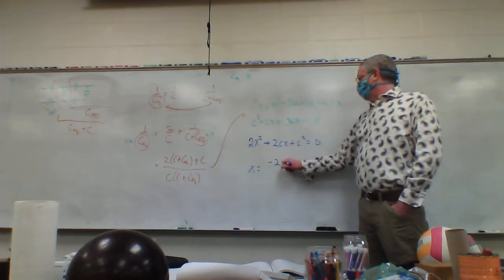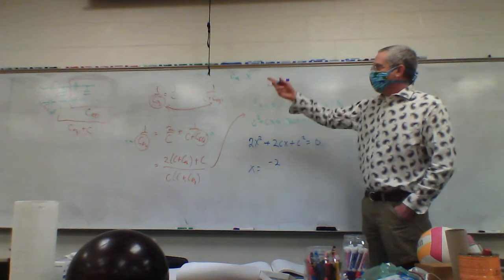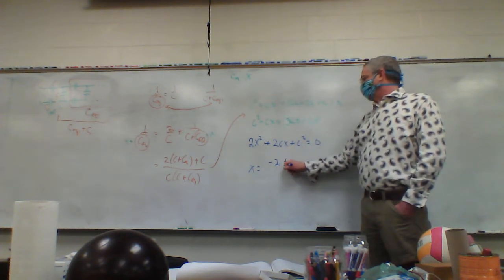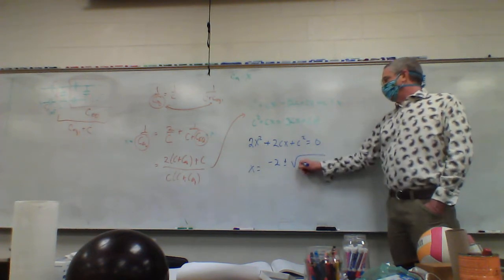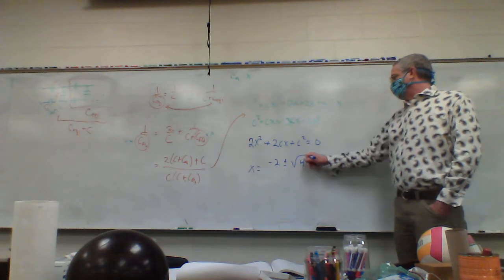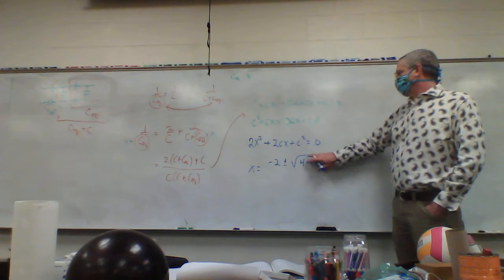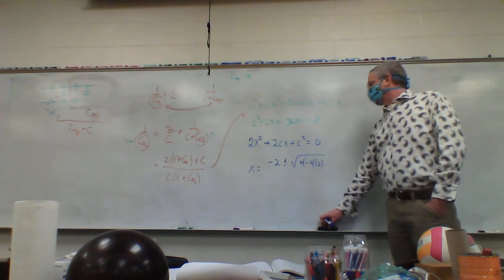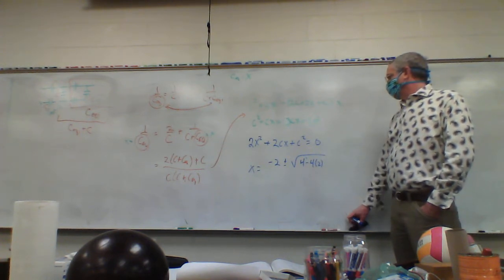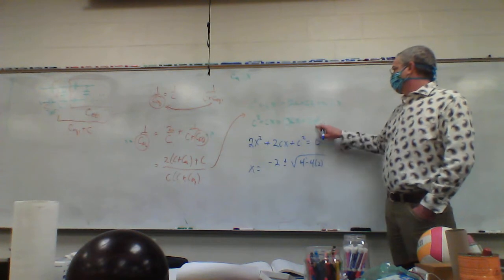Negative 2. Well, c is 1 microfarad, so c equals 1, plus or minus the square root of 4 minus 4 times 2, 4 squared. No, wait a second. I lost something here. Minus, I have 2x squared.